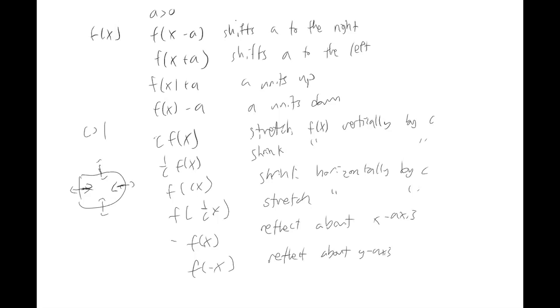For shrink and stretch, your graph should still look the same, except maybe fatter or skinnier, but the shape should look the same. So if they give you a graph with shrink or stretch, I just check certain points and see they match. I think that's honestly the best way.